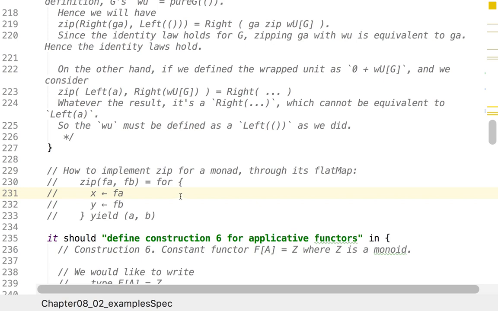So if we have a monad construction, then we already have the monad laws. The applicative laws are consequences of the monad laws when the zip and the pure are defined like this through flat map.